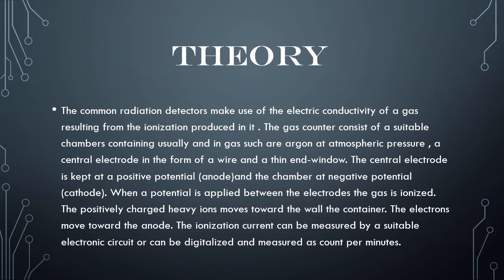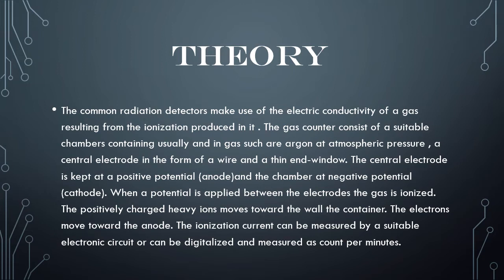Theory. The common radiation detector makes use of the electric conductivity of a gas resulting from the ionization produced in it. The gas counter consists of a suitable chamber containing usually an inert gas such as argon at atmospheric pressure, a central electrode in the form of a wire and a thin end window.